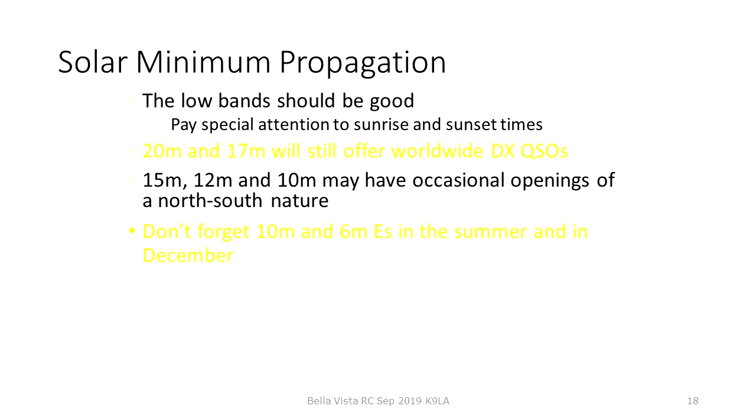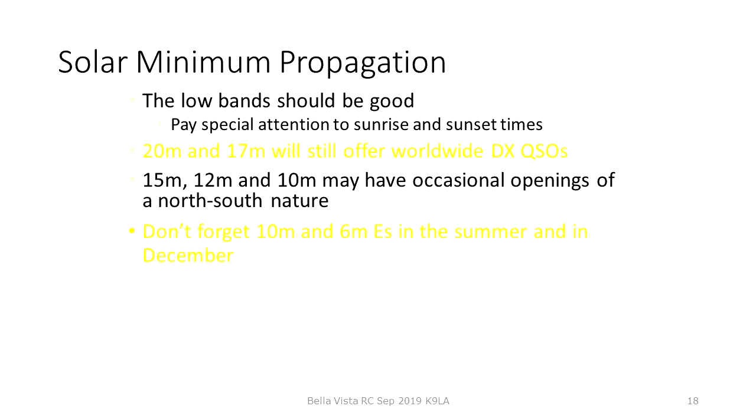Now, even though there's 0 sunspots for quite a while, there's still enough extreme ultraviolet to allow 20 meters and 17 meters to a lesser degree to offer worldwide DX QSOs. So there's always 20 meters throughout a solar cycle. 15, 12, and 10 right now may have some occasional openings of a north-south nature, like into South America, and maybe even to Australia and New Zealand, VK and ZL.